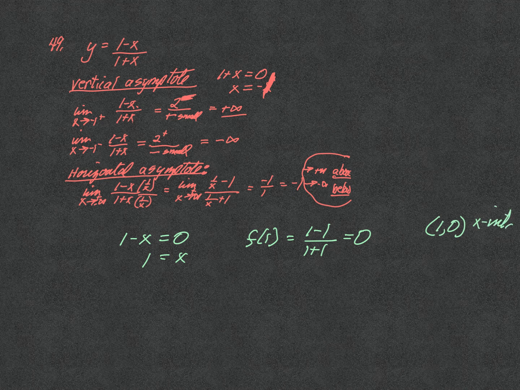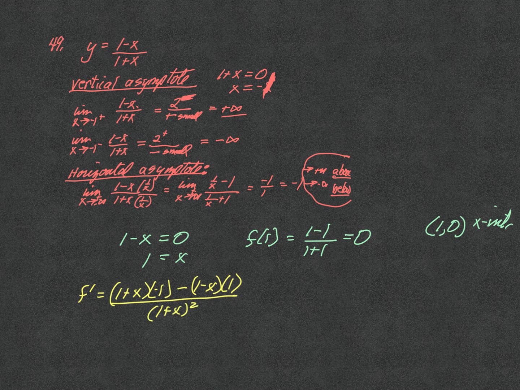Okay? And then we can take the first derivative. So we take f prime, and that's equal to 1 plus x times negative 1 minus 1 minus x times 1 over 1 plus x quantity squared.